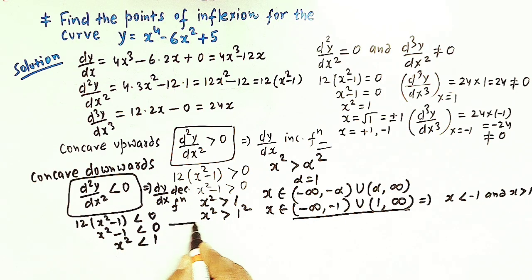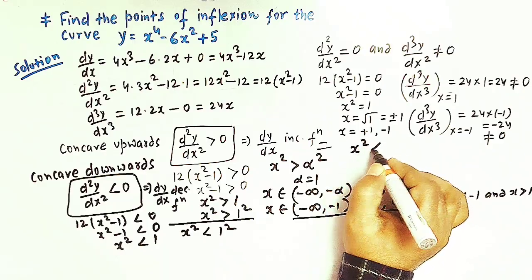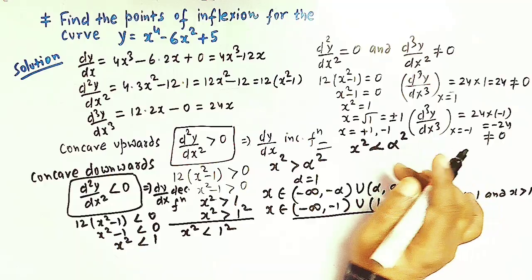So we can now write here x square less than 1 square, and this inequality is of this form, that is x square less than alpha square, right?